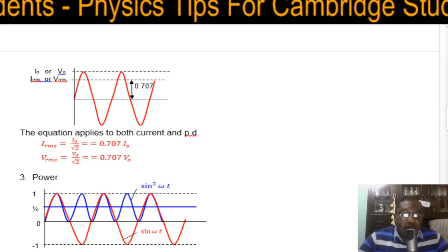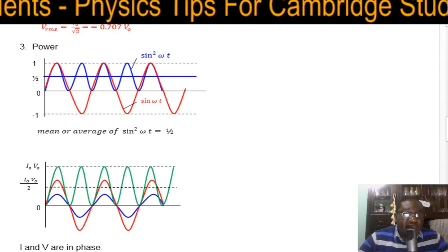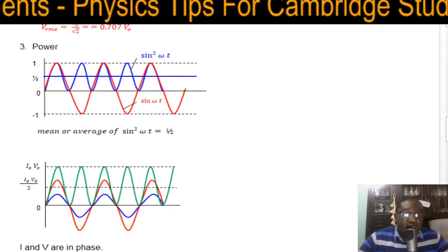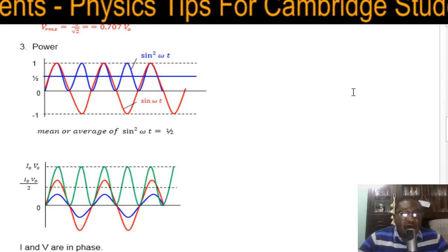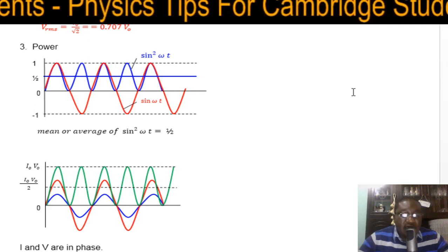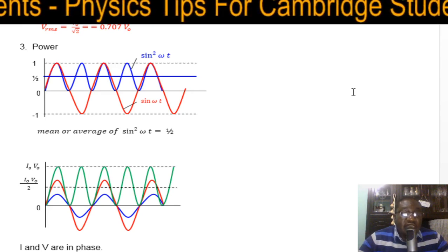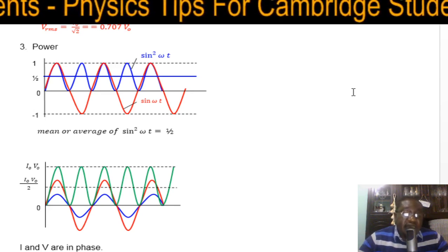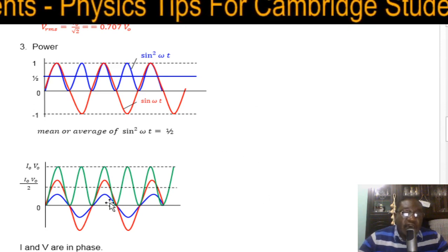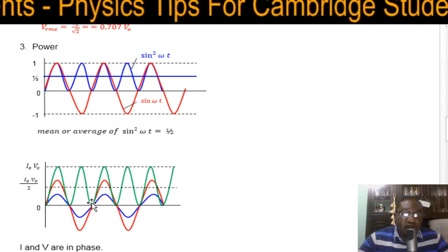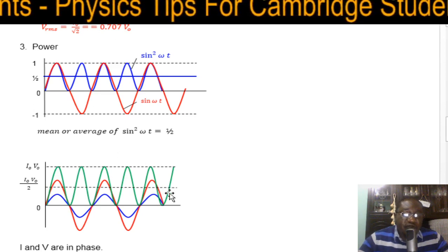Now, looking at power. Power is given by V times I. V being equal to V naught sine omega t, I being equal to I naught sine omega t. You multiply the two, you get V naught I naught sine squared omega t. Which means the power will also follow a sinusoidal waveform, shown in green here. So that's a graph of power.